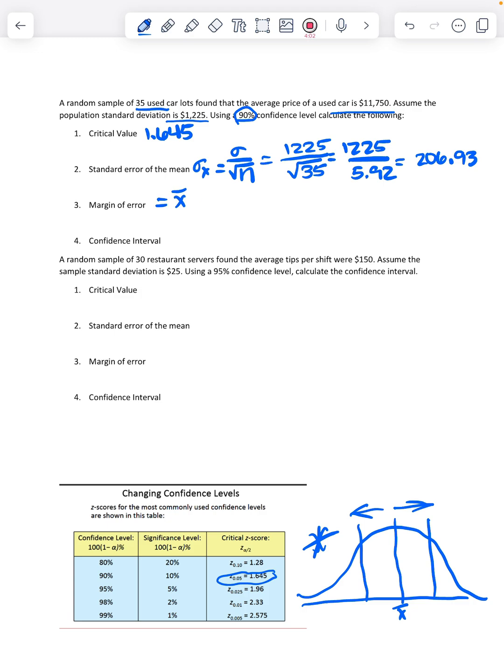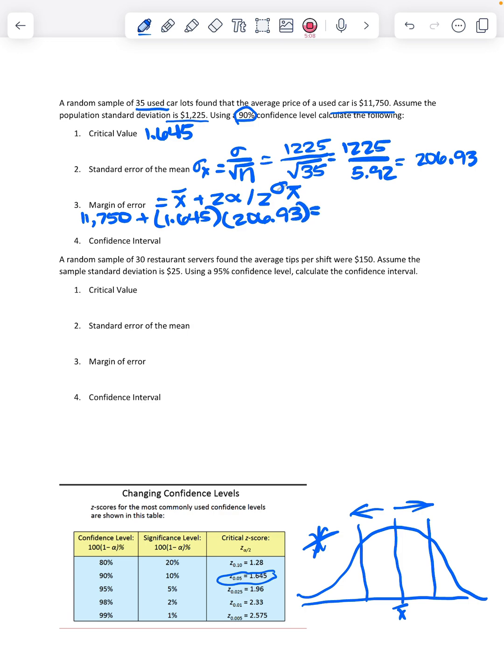I'm going to take my mean, which was 11,750, plus my critical z-score value times my standard error of the mean.